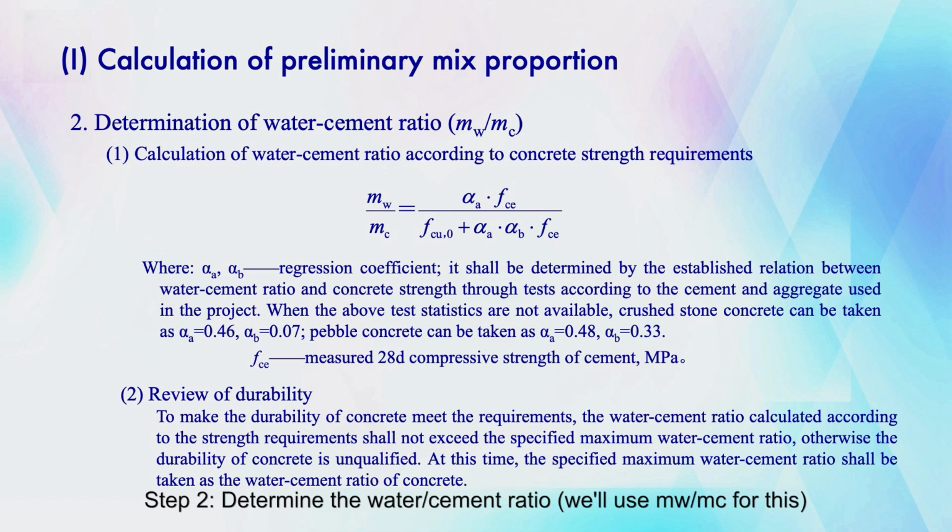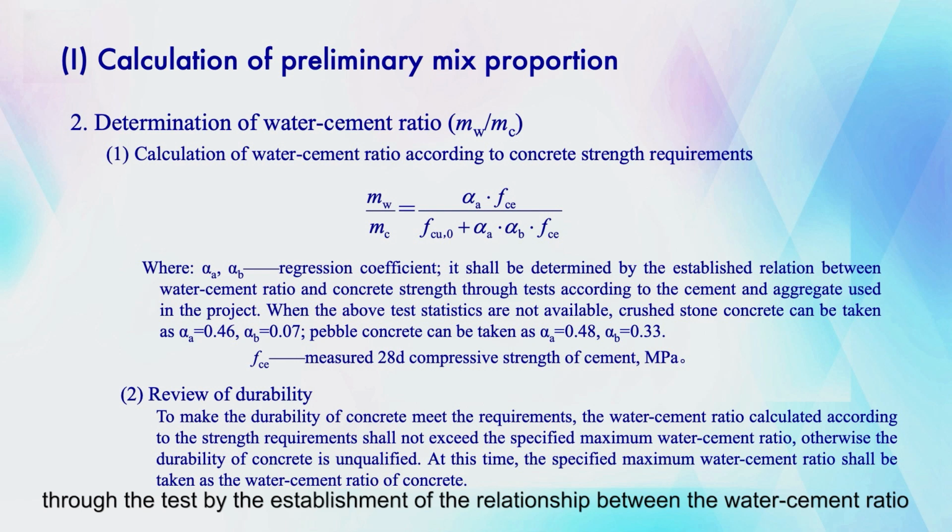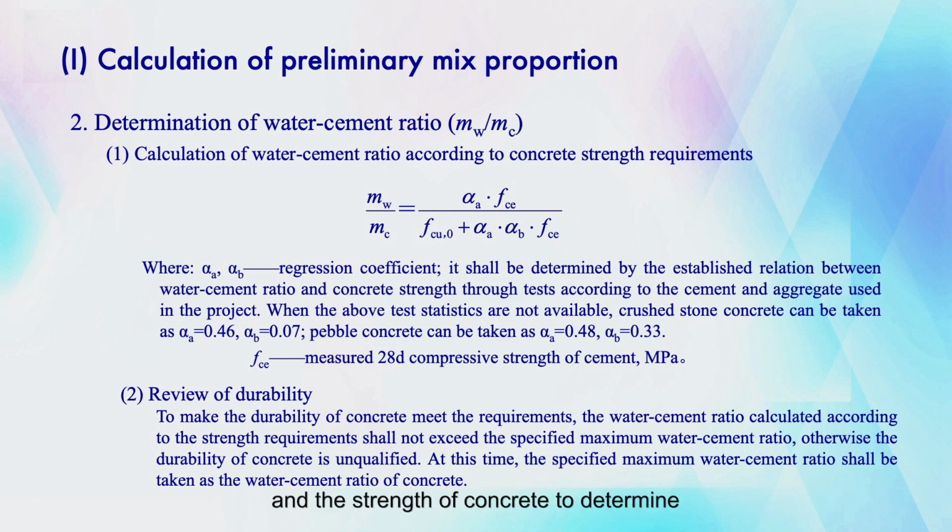We'll use MW over MC for this. When the strength class of concrete is not greater than C60, the water-cement ratio of concrete shall be calculated and determined according to the relevant formula. For the formula, alpha A and alpha B, the regression coefficients, should be determined through tests on the cement and aggregate, by establishing the relationship between the water-cement ratio and the strength of concrete.